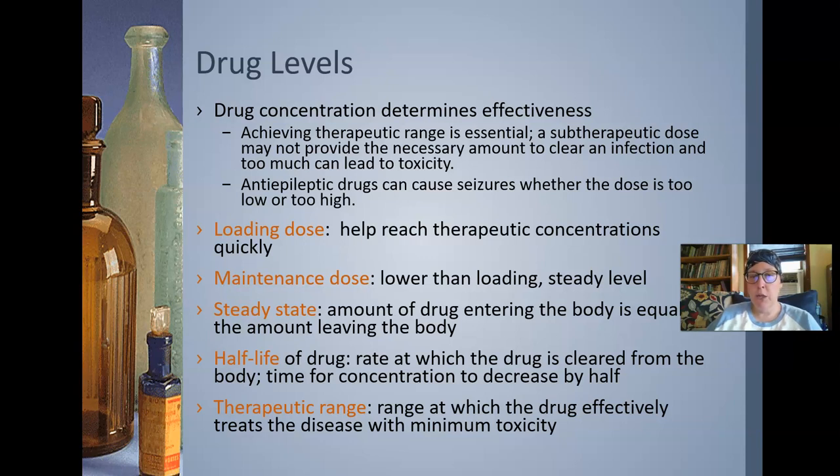A subtherapeutic dose may not provide the necessary amount to, for example, clear an infection or resolve a seizure, but too much could lead to toxicity, be toxic to the liver or the kidneys, and cause organ damage. So we don't want to do that either. Antiepileptic drugs can cause seizures if the dose is too low or too high. So they have that therapeutic range that you have to be in.